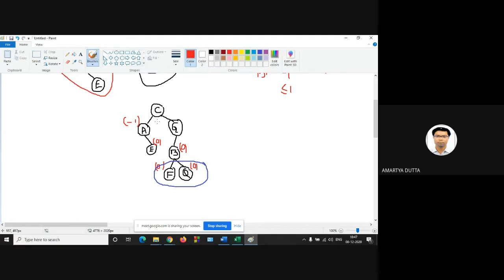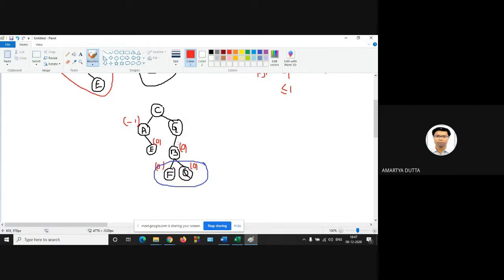Okay. Now for G, its right subtree is completely absent. And what will be the balance factor of G? Anyone? Can you guess? +1? +2. Why +2?